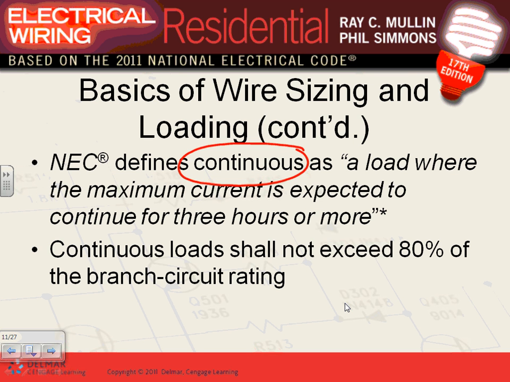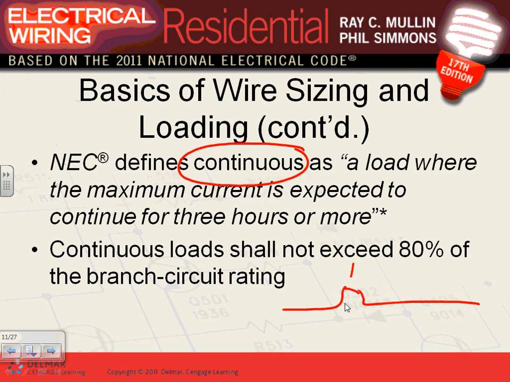Our TVs and appliances, electronics, they suck some juice, and that's continuous, but does continuous mean full load? Full load. Okay. Continuous means 3 hours at full load. Very good point. Say I have a 15 amp circuit, like the one I'm going to be using for your convenient receptacles.